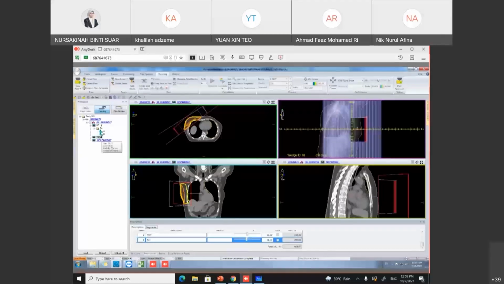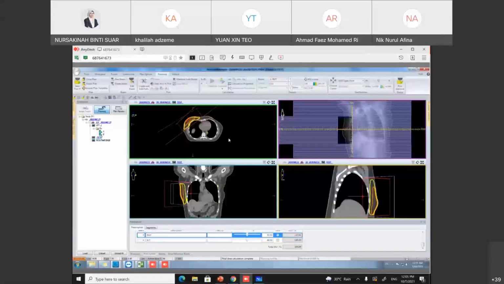Before we put in the wedge, the monitor MU for a plan without a wedge is 293. You mark this down, 293 MU.